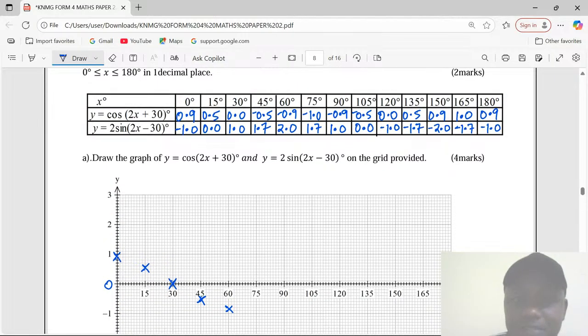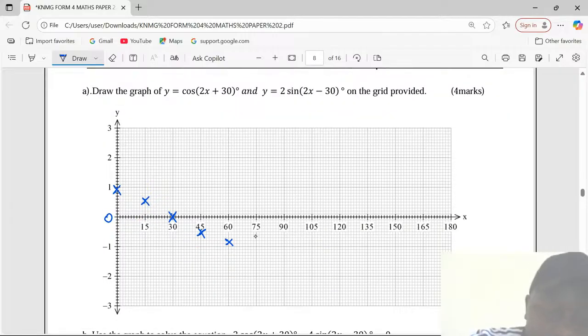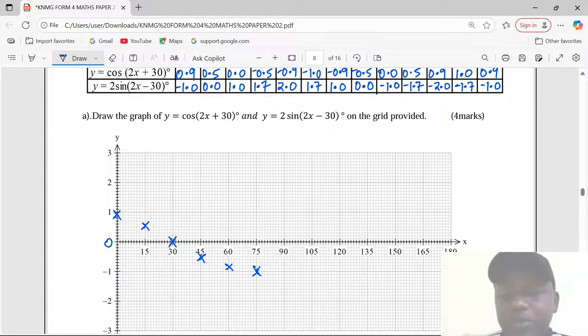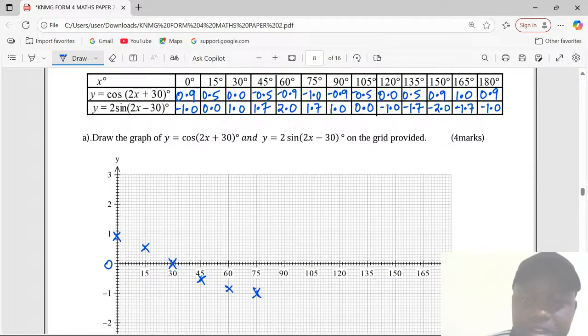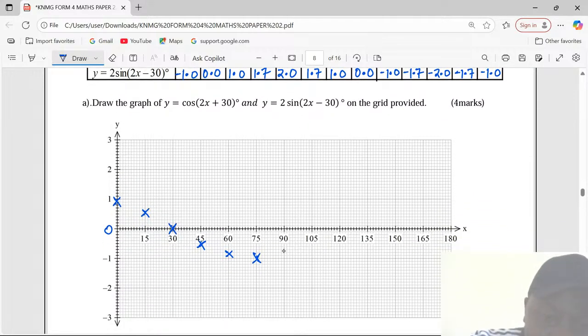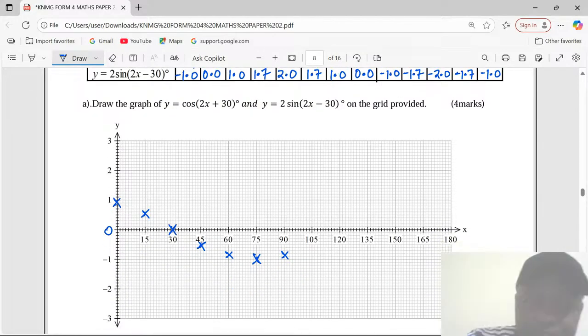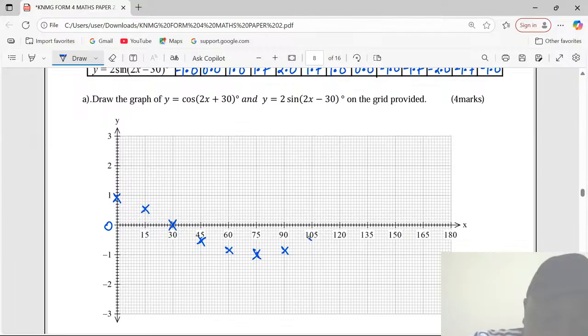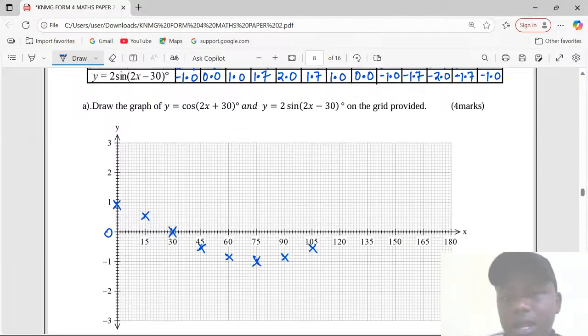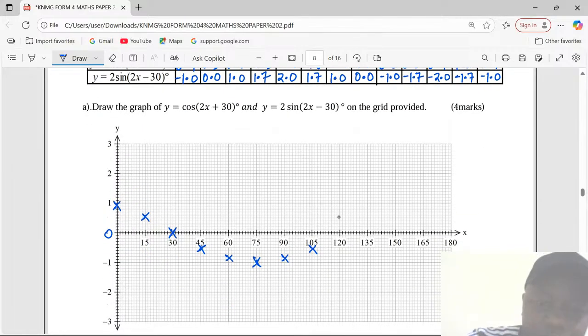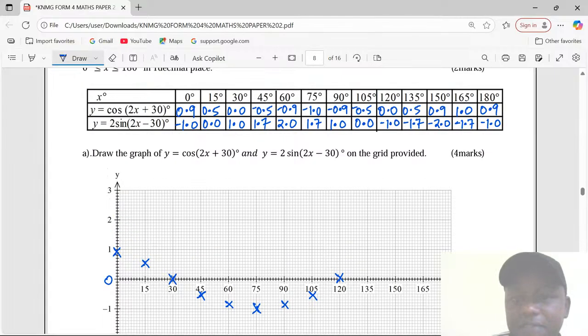Then 75 with negative 1. 90 with negative 0.9. 105 with negative 0.5. 120 with 0. 135 with 0.5 positive.